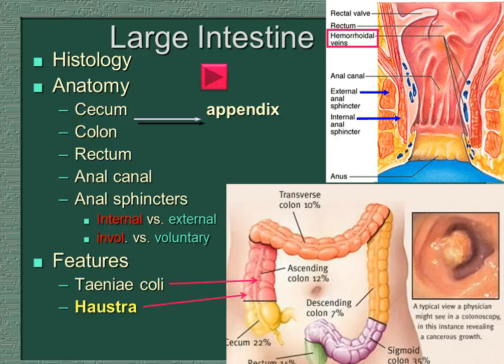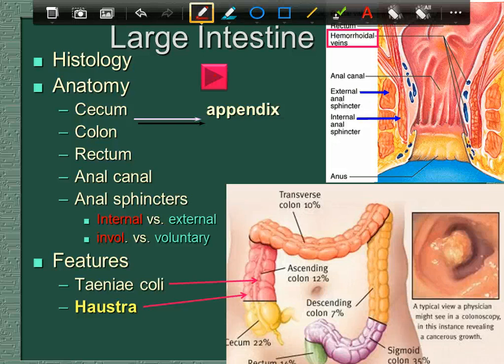Alright, so there are a couple of interesting anatomical things going on here. Number one, down here at the anus area, you see some veins right in here.